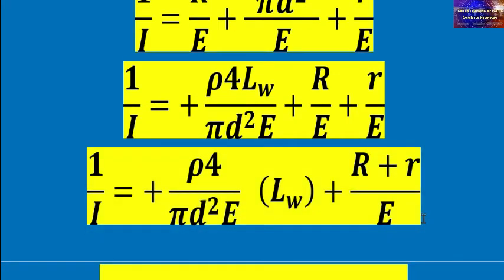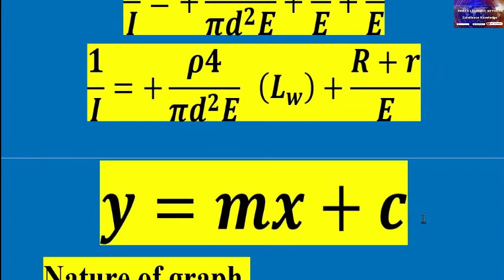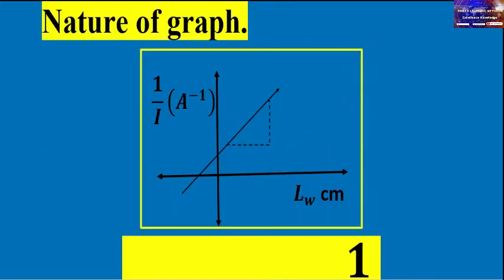Then you get y is equal to mx plus c. Y is equal to 1 over I, m is the slope with this equation, x is L, and c is equal to R plus r over E. That is our equation. The nature of the graph is a straight line passing through positive y and negative x axis with a positive slope. You see, that is the nature of the graph: 1 over I against LW in centimeter.